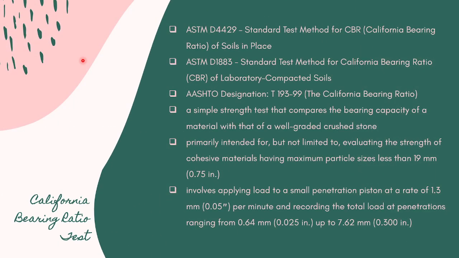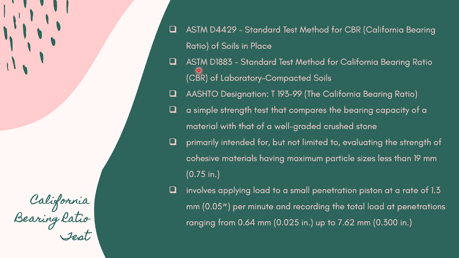So for the California bearing ratio test, that is under ASTM D4429, the standard test method for CBR. So take note, ASTM D4429 is for soils in place.